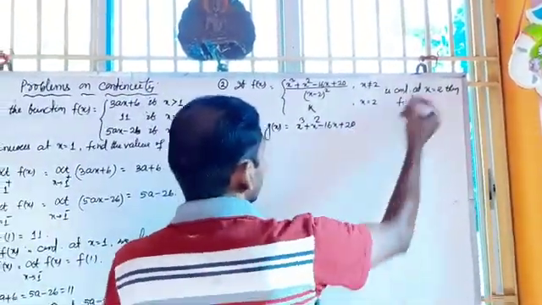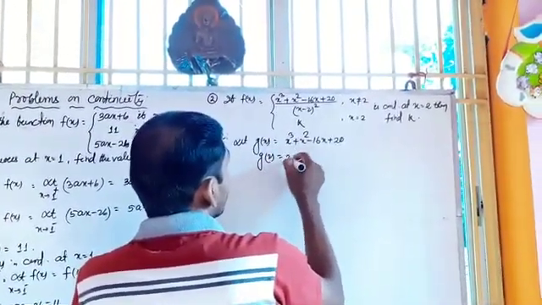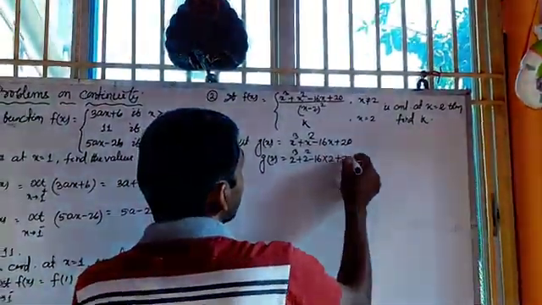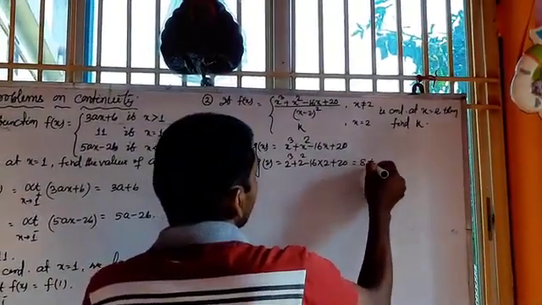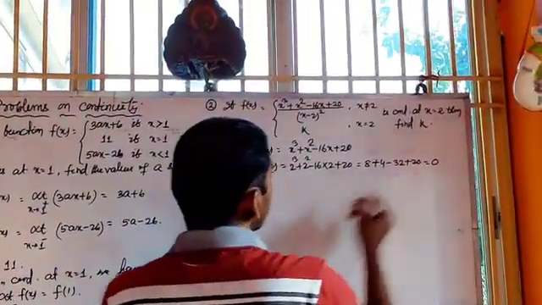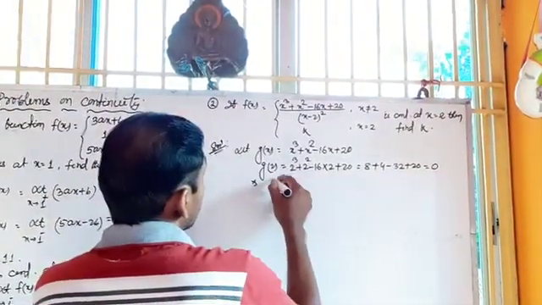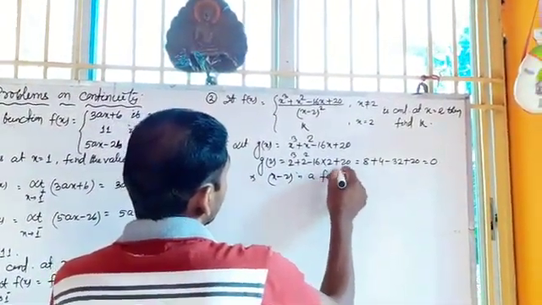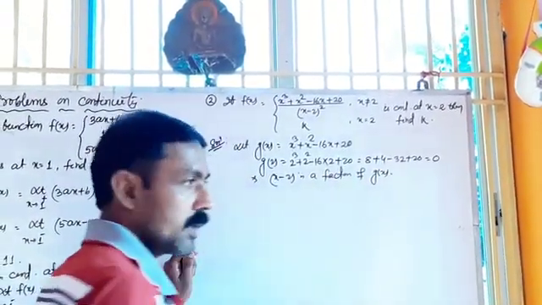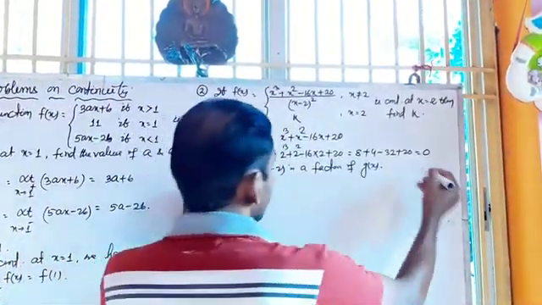Now here you see g of 2 is 2 cube plus 2 square minus 16 into 2 plus 20, that is 8 plus 4 minus 32 plus 20, which is equal to 0. So since g of 2 is 0, x minus 2 is a factor of g of x.